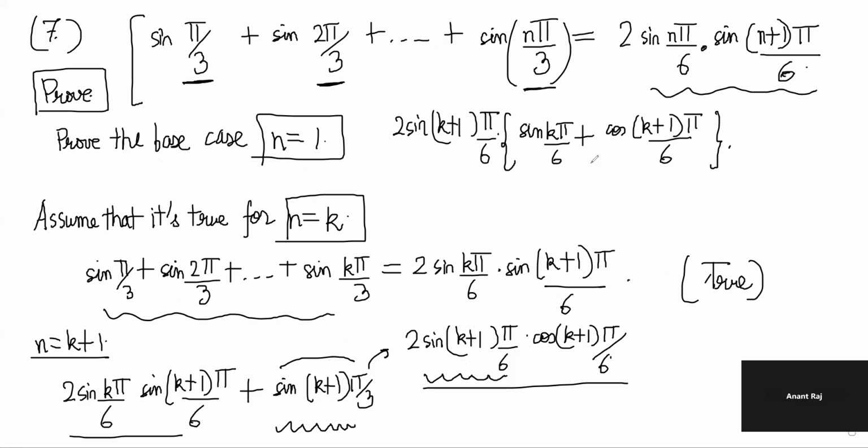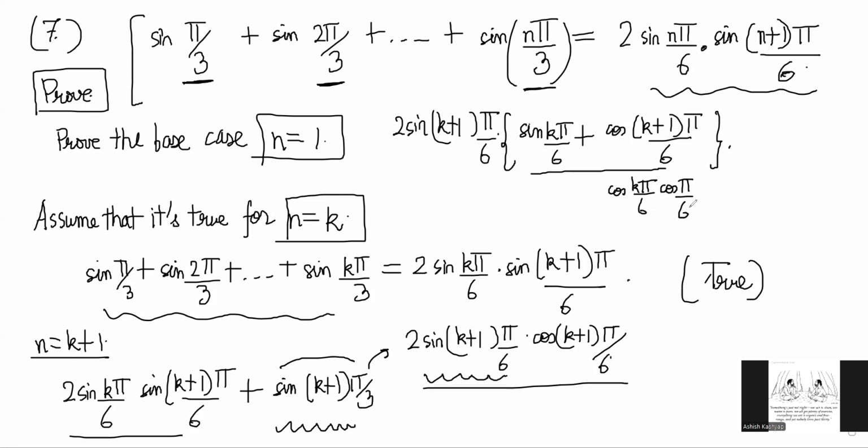Yes. Now you have to show that this expression, if you simplify it a little bit, you can expand this. You can say it is cos(k pi/6) cos(pi/6) minus sin(k pi/6) sin(pi/6), right?